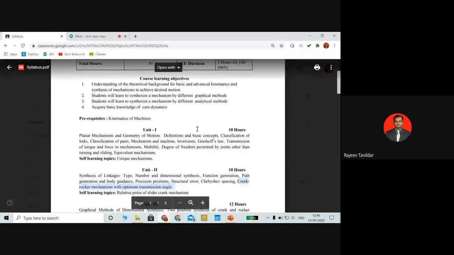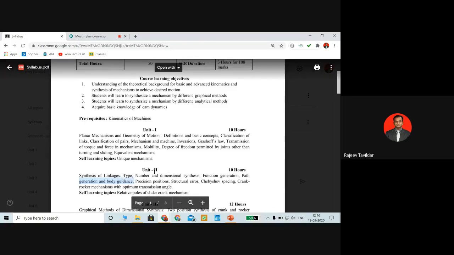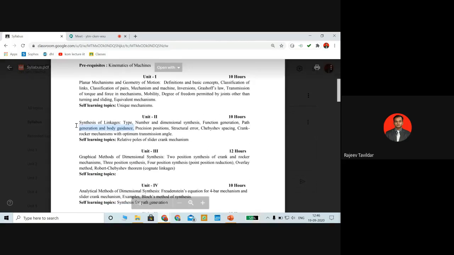So in the next class, I'll be taking up the crank rocker mechanism with optimum transmission angle. And I'll be showing you what is path generation and body guidance. So that will cover up unit number 2. So don't think that we are going too fast. It is because unit number 2 is very, very small. That's why we are able to finish unit number 2 in very few classes. But at the same time, I'll be compensating in unit number 3 by solving more and more problems there.